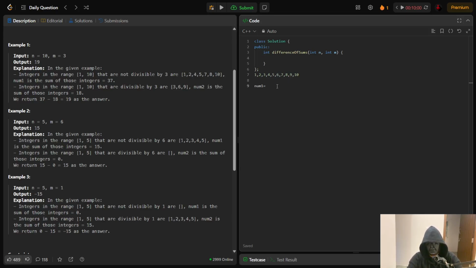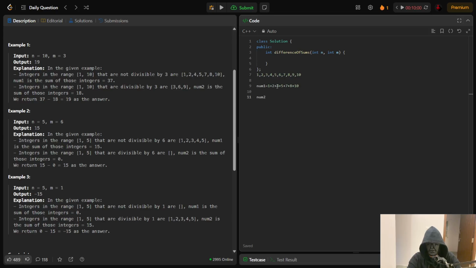The numbers which are not divisible by 3 are 1 plus 2 plus 4 plus 5, then 6 is divisible by 3 so we don't take that, 7 plus 8, and after 8, 9 is divisible by 3 so we skip it, plus 10.